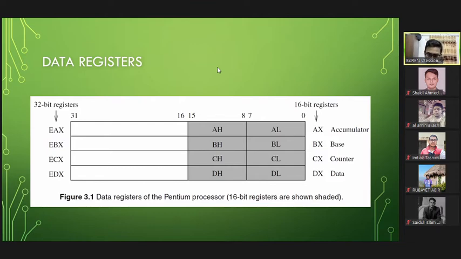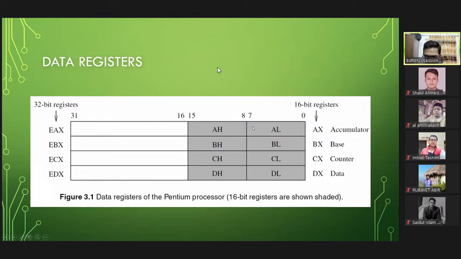As you can see, the width of the data register is 32 bits long, 0 to 31. We have four data registers which are 32 bits long. The names are very simple: EAX, EBX, ECX, and EDX. Extended AX, extended BX, extended CX, and extended DX.